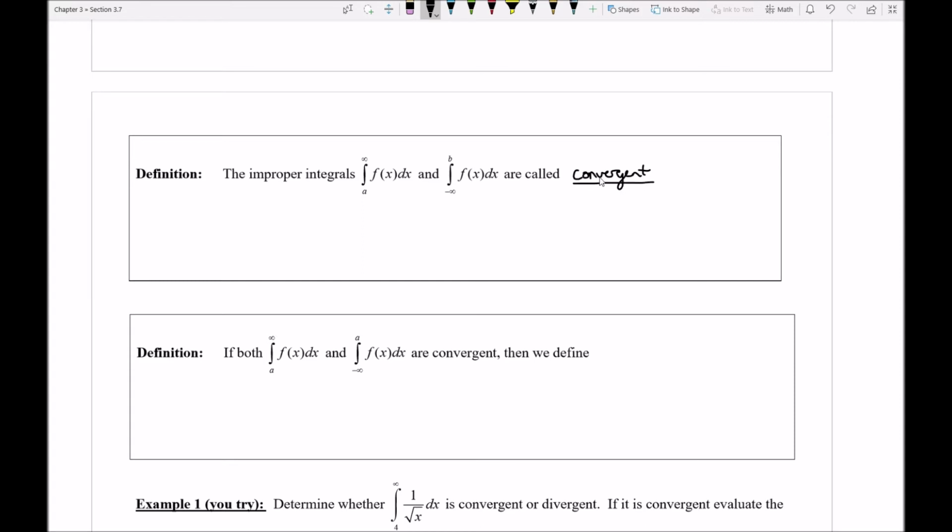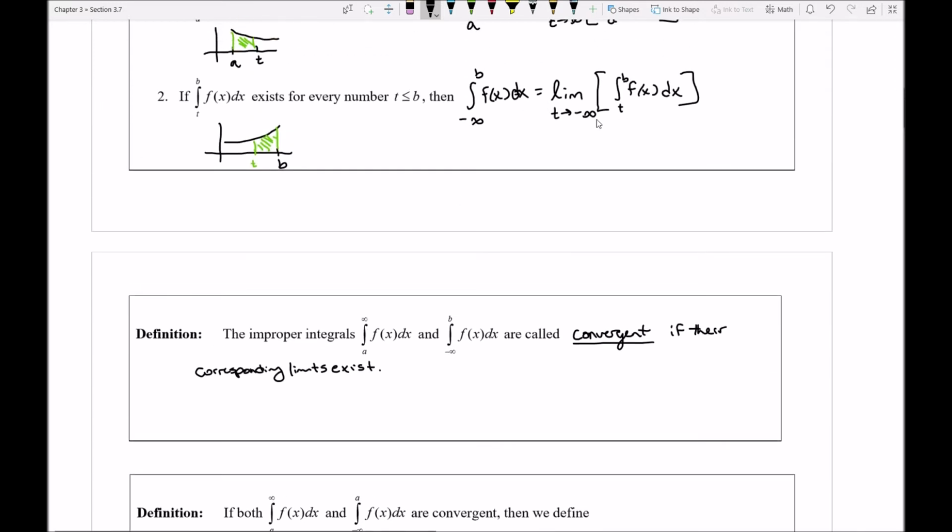So these integrals are called convergent if their corresponding limits exist. So that is, if I calculate the limits that we have up here and I actually get a number back.